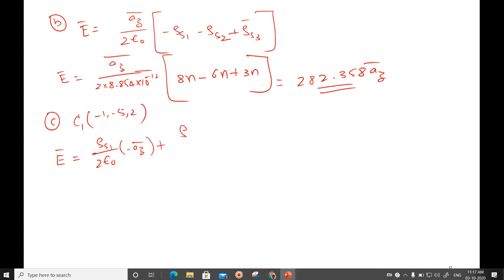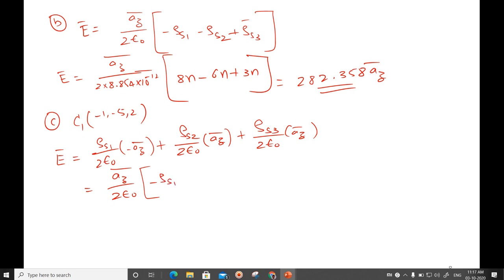Plus rho s2 by 2 epsilon naught, it is above the second sheet, so plus az. Then it is above the third sheet also, rho s3 divided by 2 epsilon naught into az. So take az by 2 epsilon naught common. What I am left out with is minus rho s1 plus rho s2 plus rho s3.